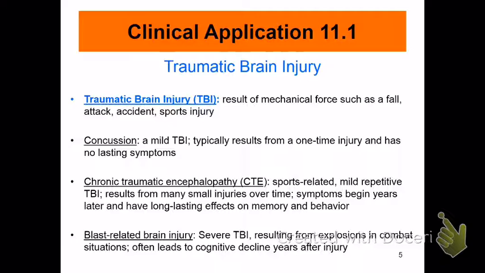Traumatic brain injuries, and I always try to include these clinical applications so we can learn about them. A traumatic brain injury would just be a mechanical force, such as a fall or a hit to the brain. And we know about concussions. Interesting, 15 years ago, we didn't think much about concussions.